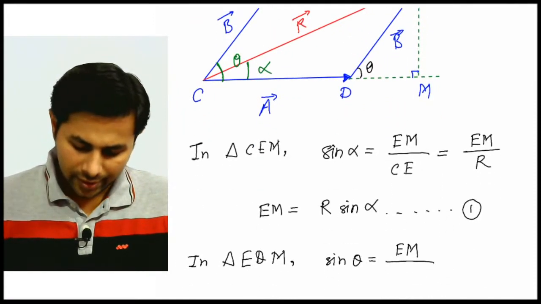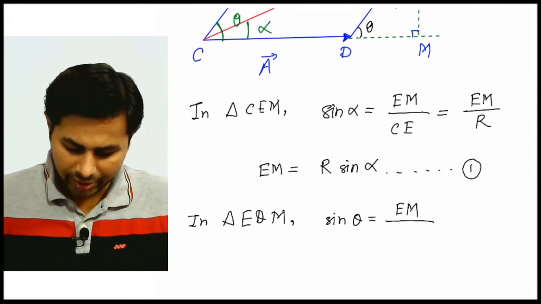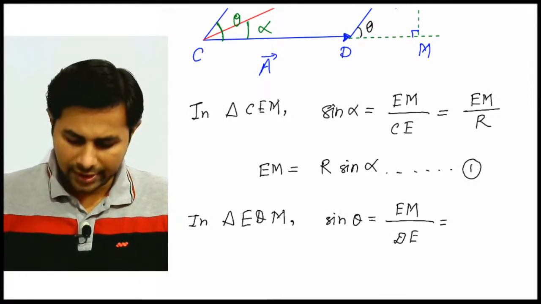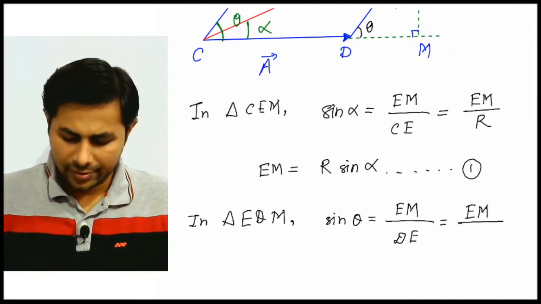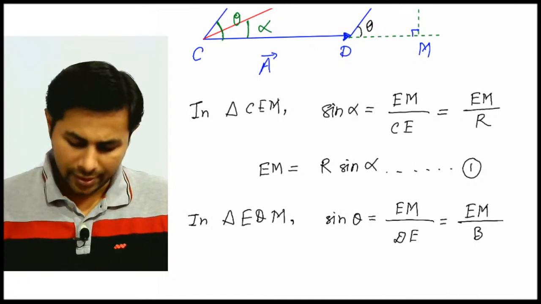The length of side DE is the magnitude of B bar. So sine theta equals EM divided by DE, which is EM divided by the magnitude of vector B bar, that's B.